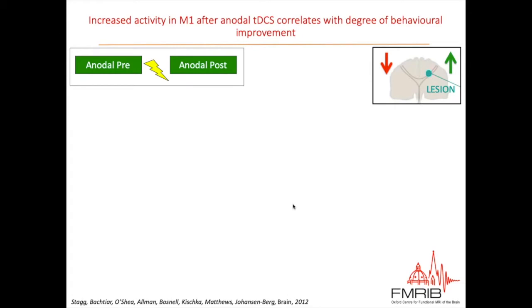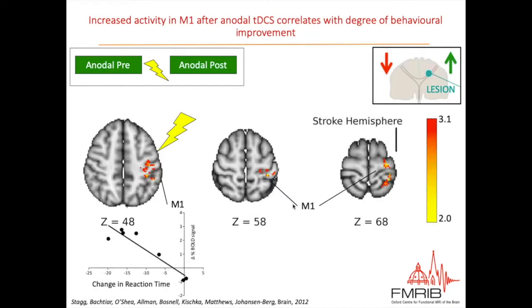and behavioural improvement? Okay. And when we do that, we get a much smaller region of interest, really within the lesioned hemisphere in the primary motor cortex and a bit of the secondary motor areas. And you can see within that there is a very tight relationship. So brain stimulation combined with MR allows us to not only look at group mean effects, but to probe variability in those effects that we all know happens with brain stimulation.